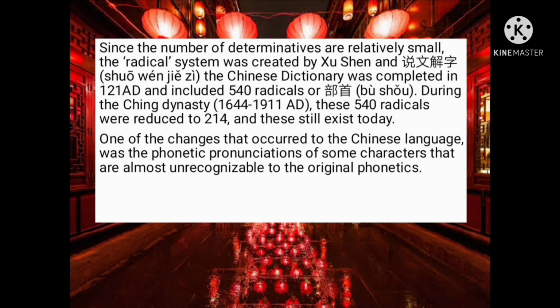During the Qing dynasty, 1644 to 1911 AD, these 540 radicals were reduced to 214, and this still exists today. One of the changes that occurred to the Chinese language was that the phonetic pronunciations of some characters became almost unrecognizable compared to the original phonetics.